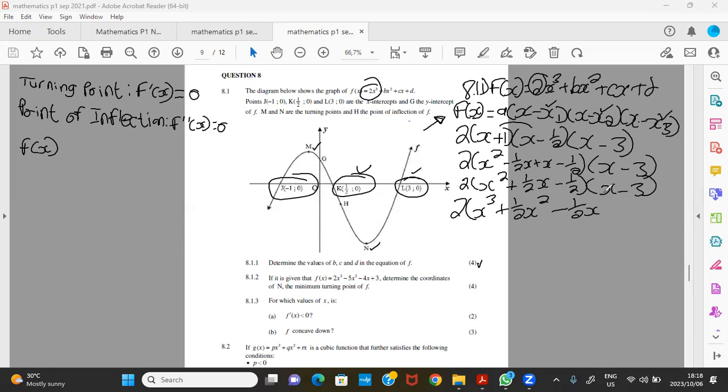Then from there we are going to say minus 3x squared. Yeah? Because we're multiplying this guy and this guy. Then we are going to say now minus 3 over 2x. And then we are going to have plus now 3 over 2. And I think that's what I had. But okay. Maybe.